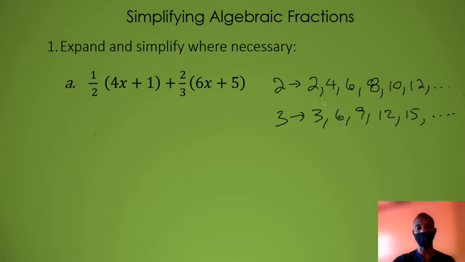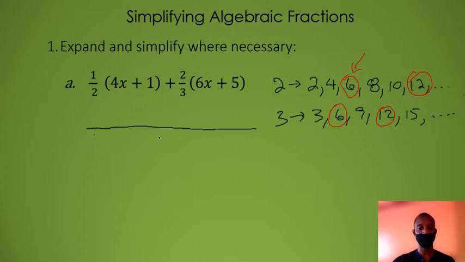Which multiples are common between 2 and 3 in terms of what we have so far? Agree, the 6, as well as the 12. And there are more. But which is the lowest one? The very first one that we have there, which is 6. So this is the lowest possible common multiple between 2 and 3.